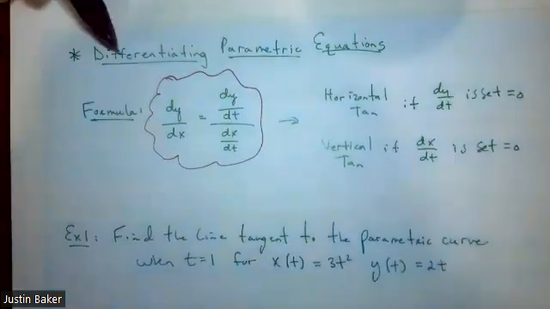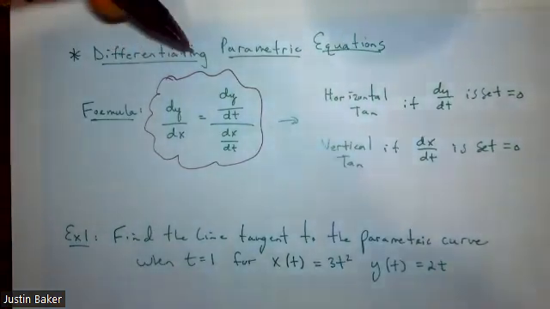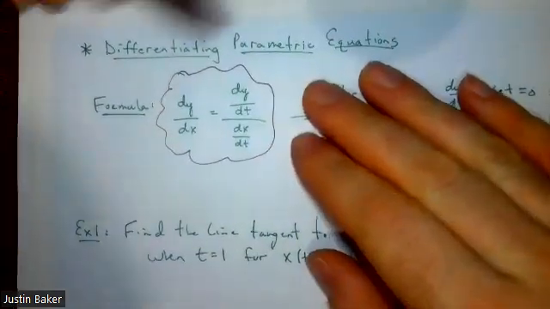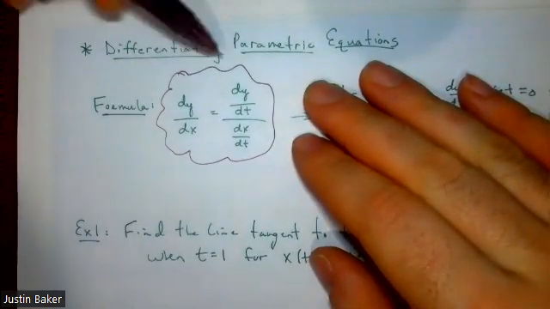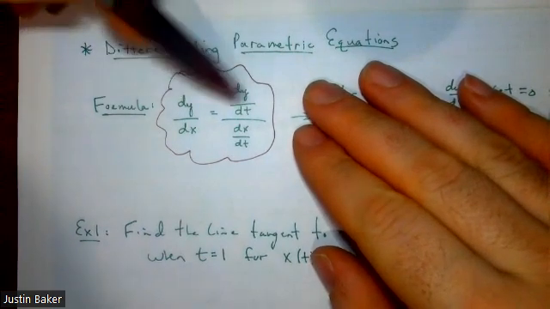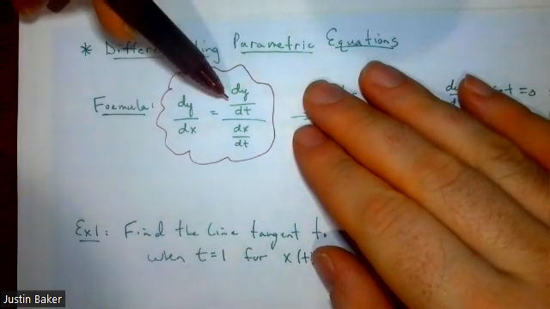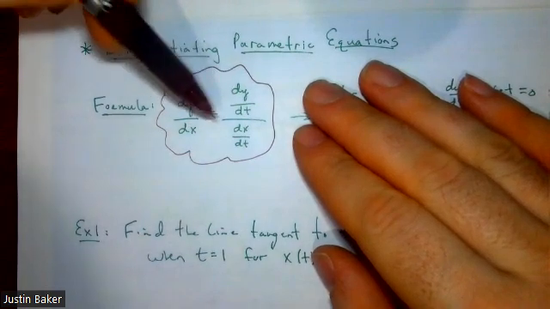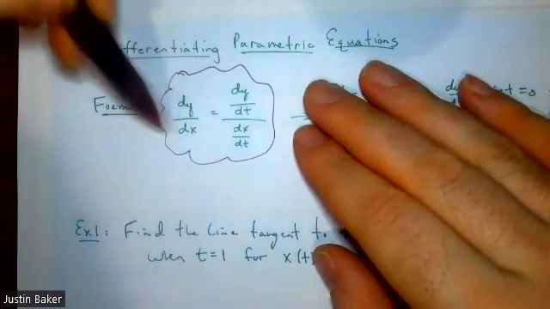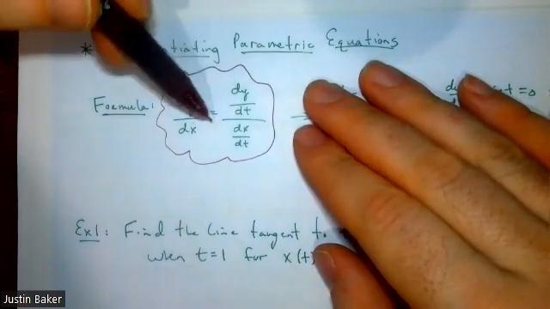So this is going to be the derivative of a parametric equation. The formula for the derivative of a parametric equation, simply put, is take the derivative of the y with respect to t and divide it by the derivative of x with respect to t. So your derivative is going to be dy/dt over dx/dt.